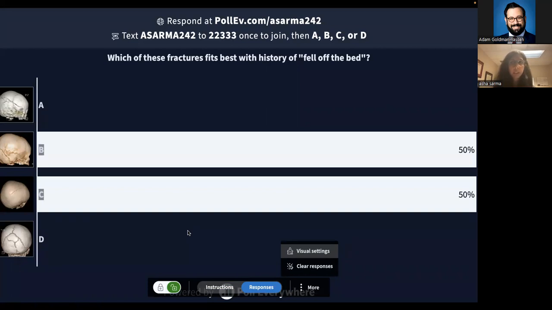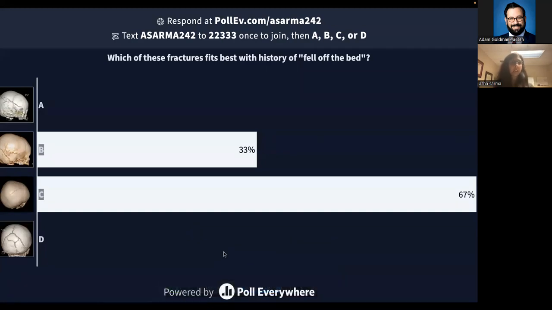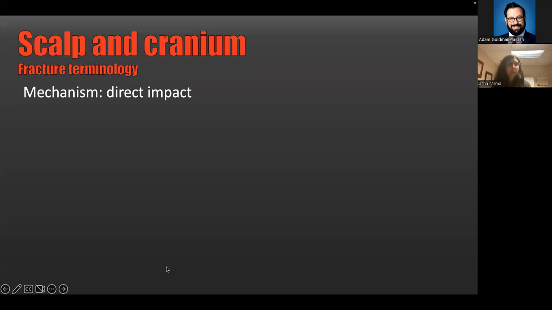Okay, we've got some for B and some for C. Okay, so we've got a little bit more for C now. Okay, good. So we'll come to the information to answer this question in a few slides, but the correct answer here is C. So you'll see that image again, and you'll see why that's the correct answer.